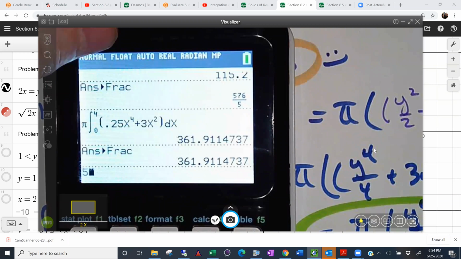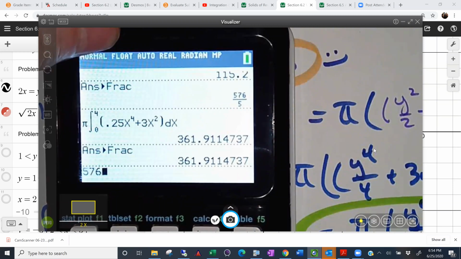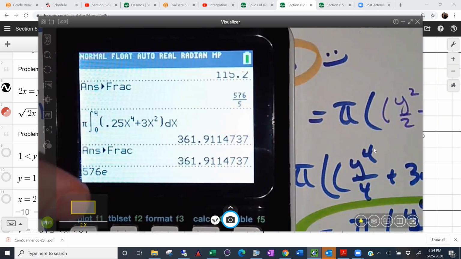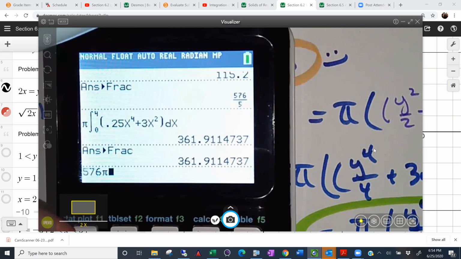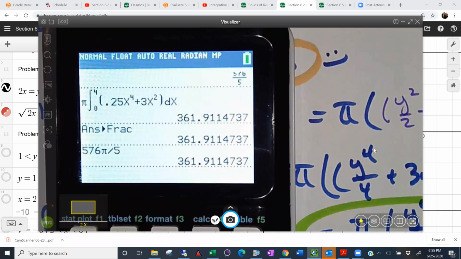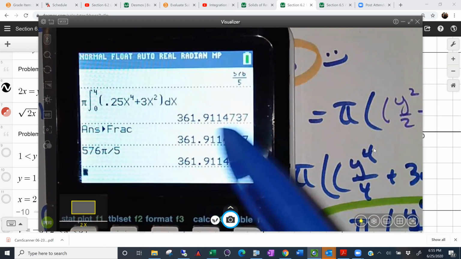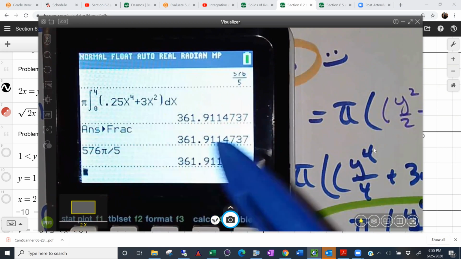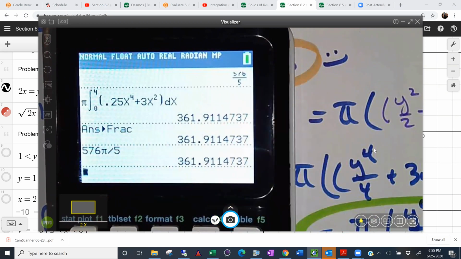But if you did 576 pi divided by 5, it should match that perfectly. So you can check yourself like that if you put in the pi, but if you really want to get the nice exact expression, leave the pi out.